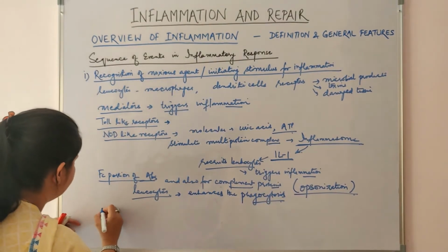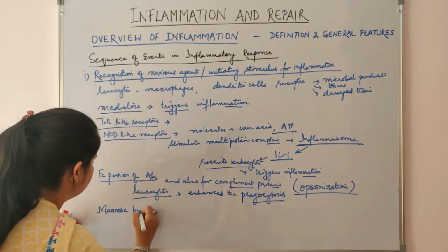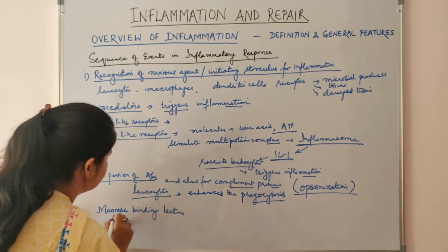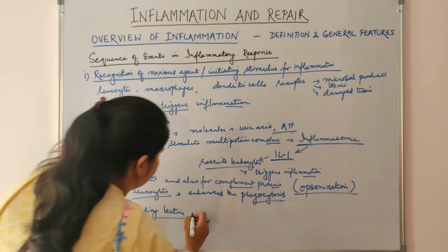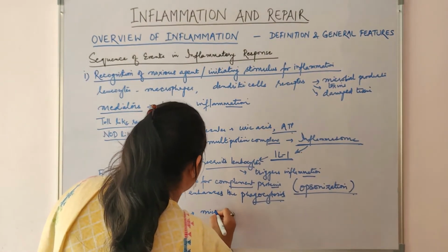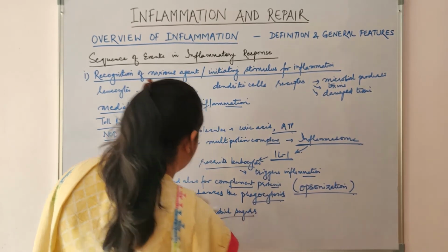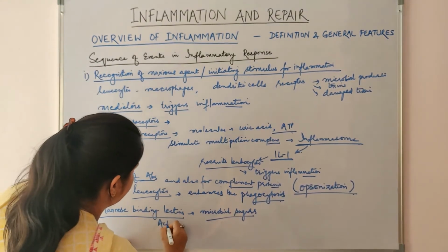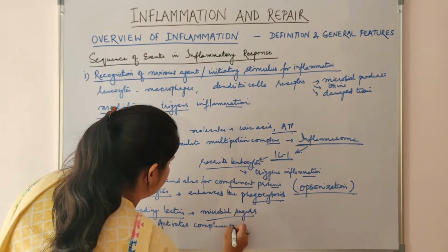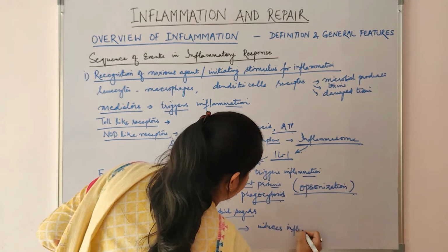Also certain circulating proteins like mannose binding lectin, they are normally circulating, so they identify the microbial sugars and bind to them, and this activates the complement, which induces inflammation.